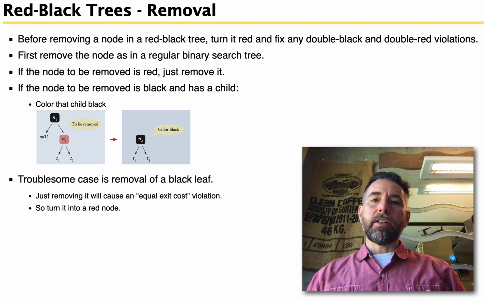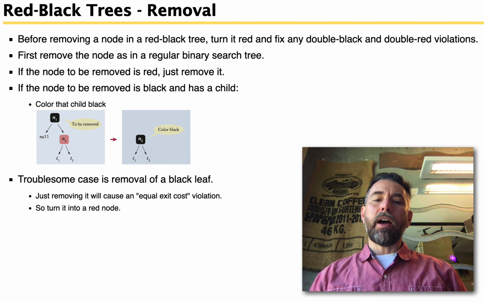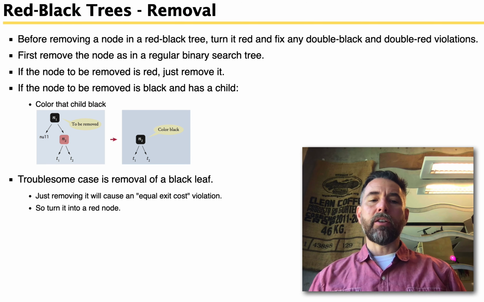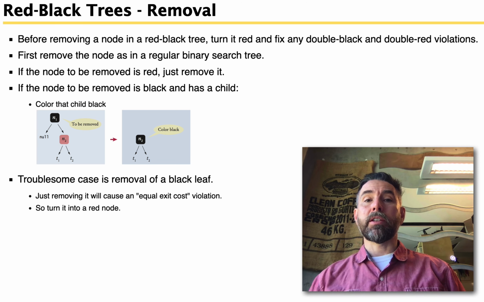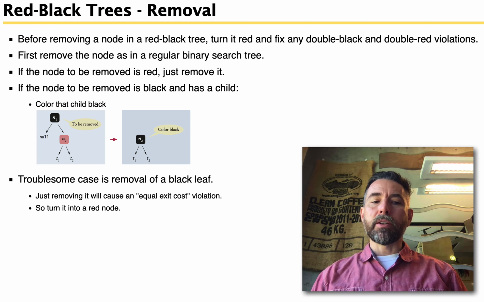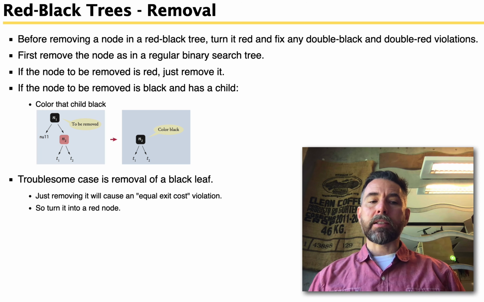The difficult thing to do is if we want to remove a black leaf. This is a difficult operation to undertake because removing a black leaf violates our equal exit cost rule. We're going to be taking away one of the toll booths in our tree as we move from the root down to the leaf. So as a result, we have to do a couple things.